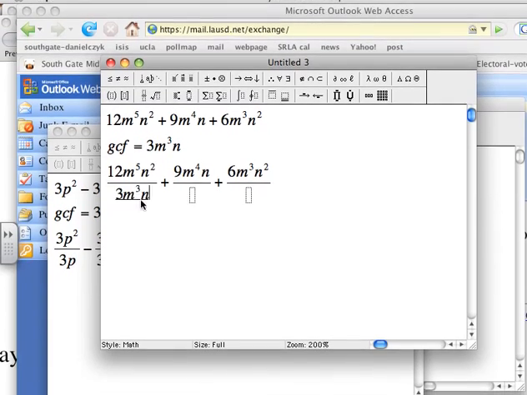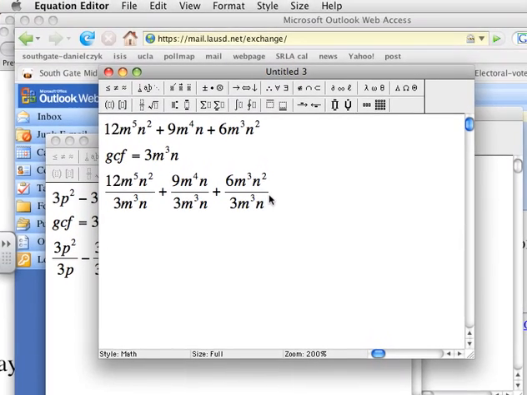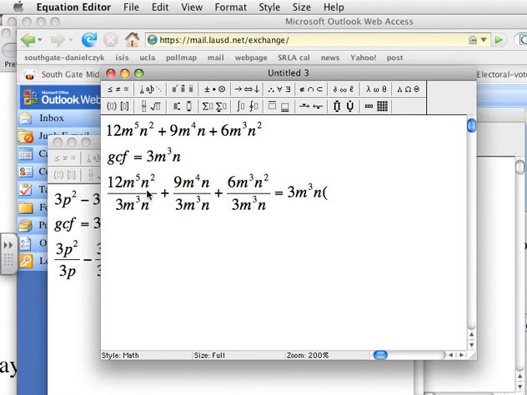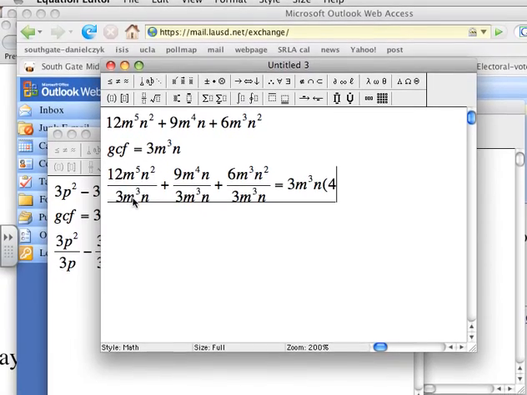Just quick paste and cut, not so bad. Okay, now how am I rearranging everything? Well, since I divided by 3m to the third power times n, I'm going to also have 3m to the third power n times whatever it is that I'm actually dividing here. Now I'll go term by term. See, 12 divided by 3 is 4.